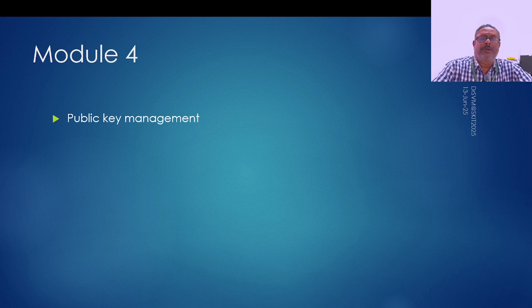Module 4 talks about public key management, where we just discussed that there is an asymmetric encryption system, where for encryption there is one key which we call the private key, which is owned by the owner of the document, or owner of the resource, or owner of the data, to be precise.